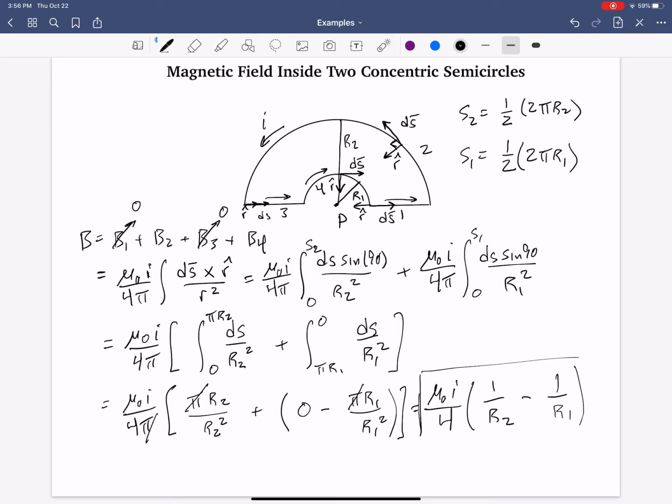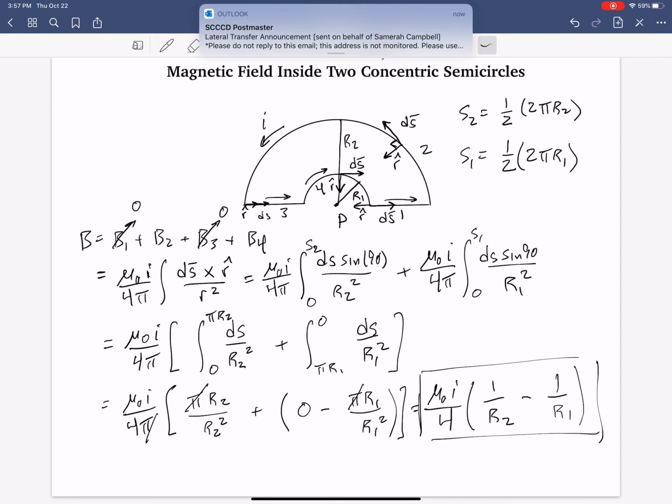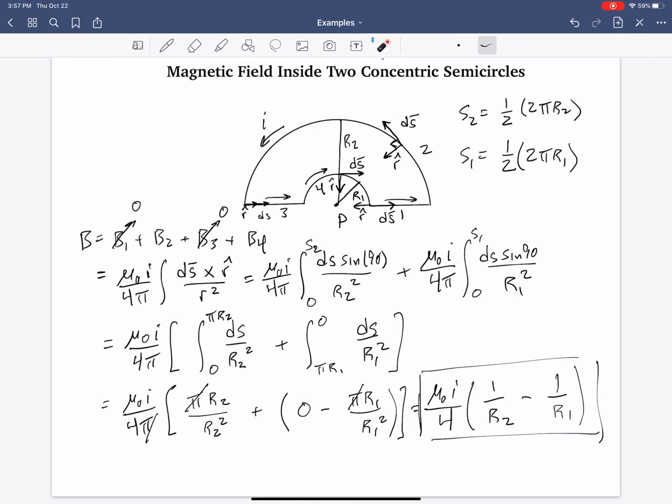And because the value for r2 is larger than r1, that means that this initial term, 1 over a bigger value, will be a smaller number overall. So that means overall, this will be a negative value. So in that case, the magnetic field will point into the page, right?